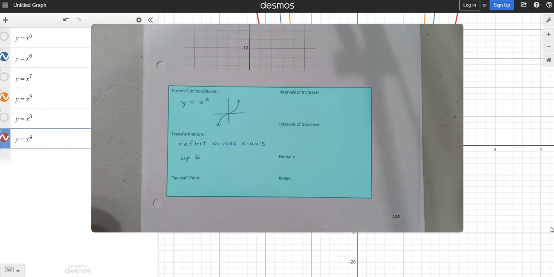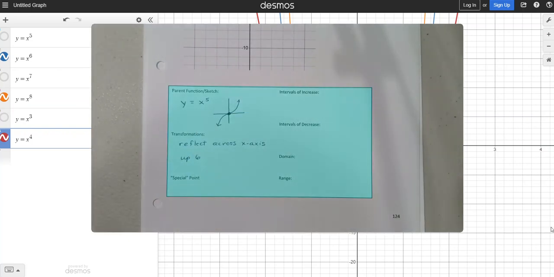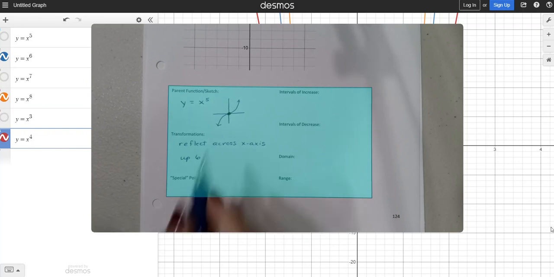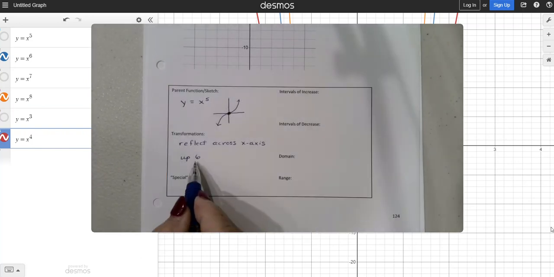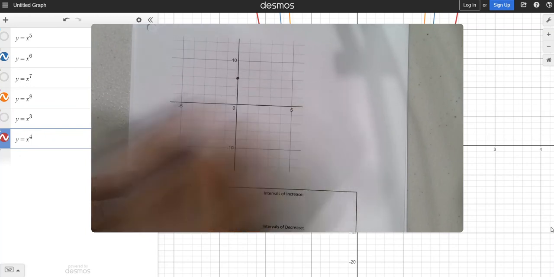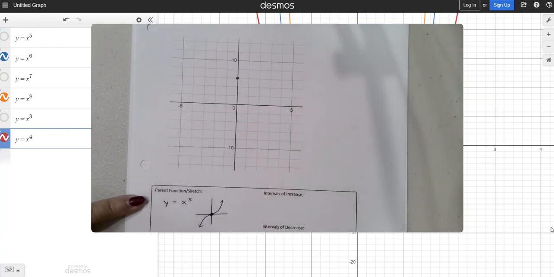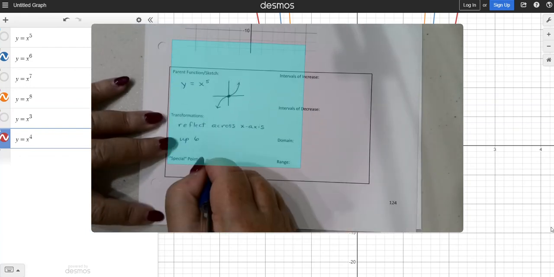The special point for the waves is the inflection point, which was at the origin. I'm going to take it from there and I'm going to move it up 6. So 2, 4, 6 right there. My new inflection point is at 0, 6.